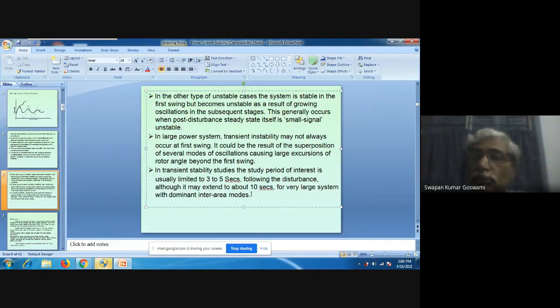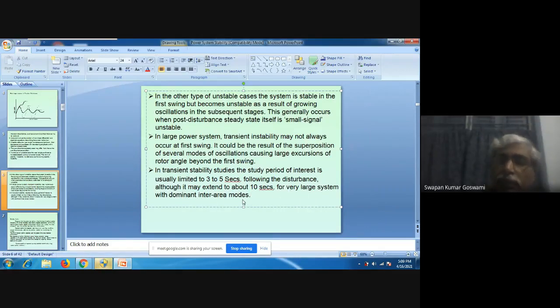Okay, to take into effect these oscillations prevailing in power system, particularly for complicated large power system, the stability analysis may have to be carried up to 10 seconds for those large power systems. Okay, for very large system with dominant inter-area mode.